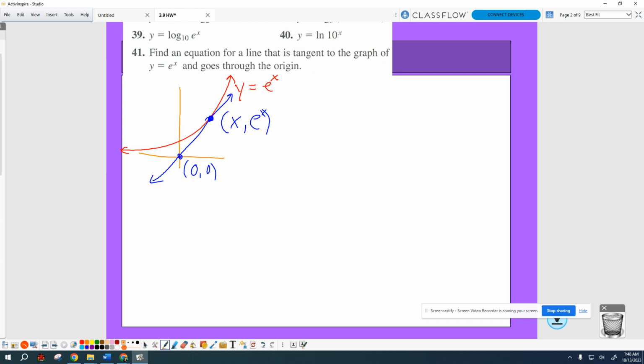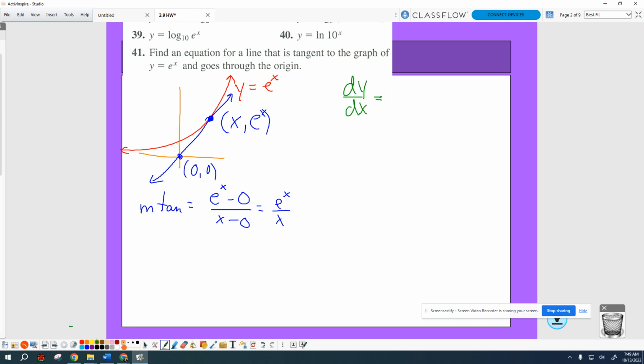Okay. So just using geometry, the slope of my tangent line is y minus y over x minus x. But Amir, you said you need to do the derivative. What's the derivative of the red line?